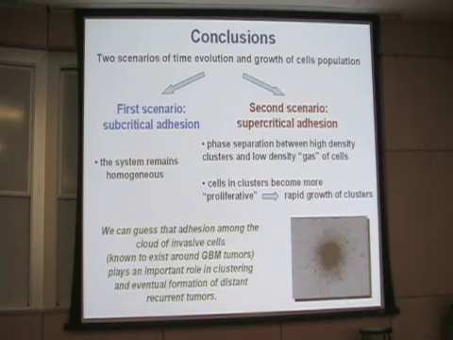And on top of this, once those small cell clusters are formed by adhesion, cells in those clusters start switching their phenotype and may start proliferating more, which leads to a rapid growth of this cluster. So we can guess that those mechanisms have something to do with the formation of secondary tumors.